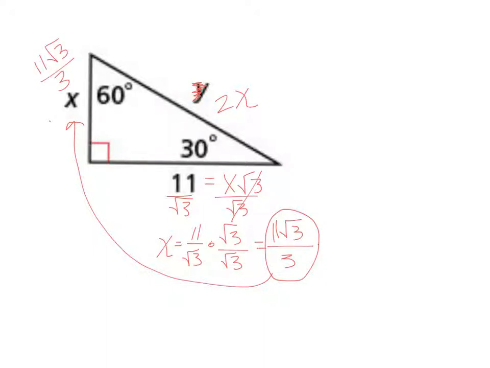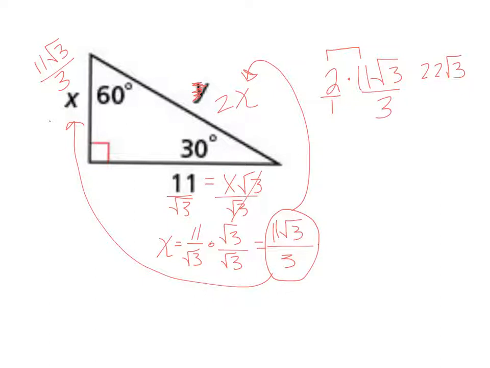Now for 2x, this would go into this x spot, but I'm multiplying everything by 2. So to do 2 times 11 radical 3 over 3, you can do it in your calculator, or 2 is like 2 over 1. It's a fraction that we're multiplying by. You multiply these whole numbers that aren't in the radical. 2 times 11 is 22. Keep the radical. Radical 3 over 1 times 3 is 3.